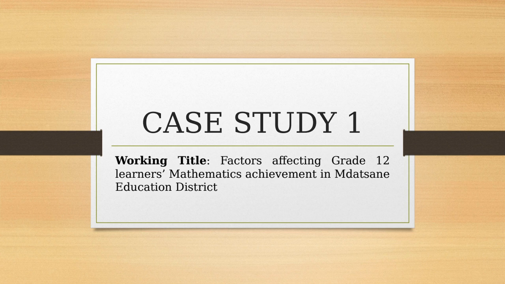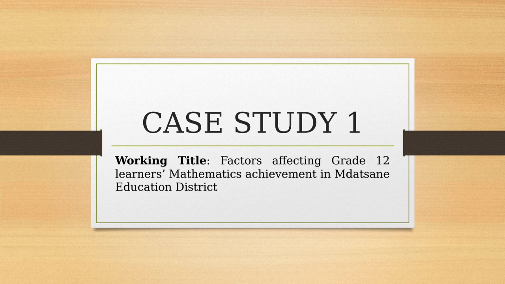So when you look at a topic like this, the phenomenon is mathematics achievement. That's the focus. That's the issue. The participants are grade 12 learners. Then the location, which is the site, is in Dansanin Education District.